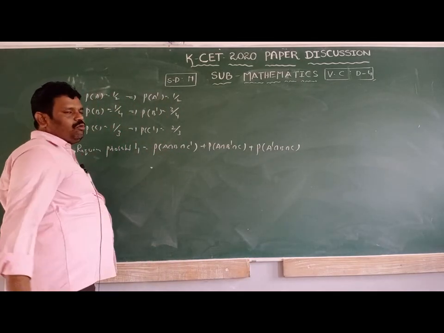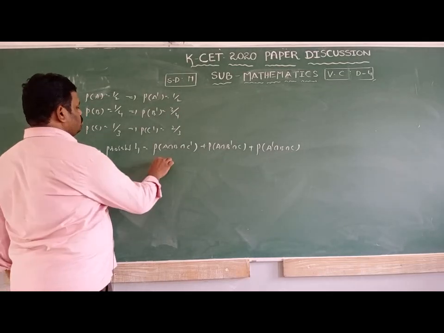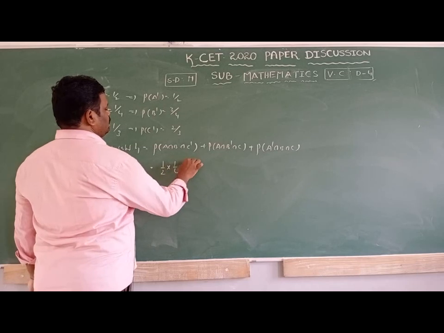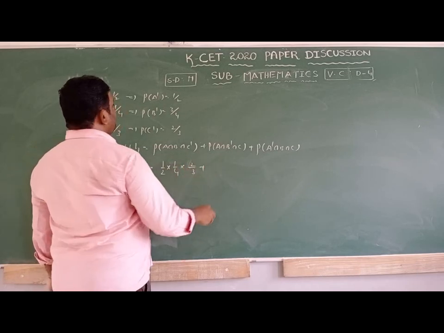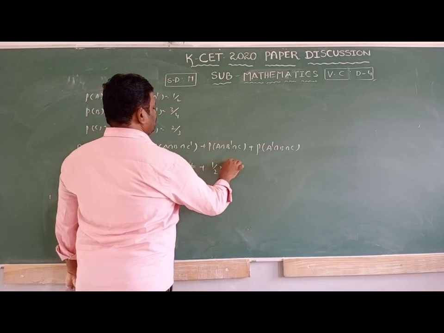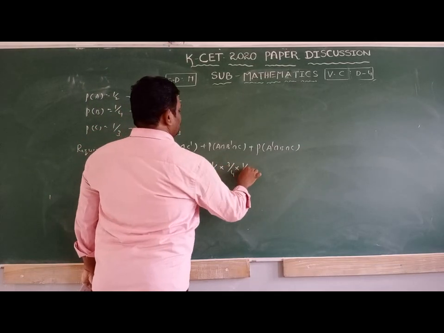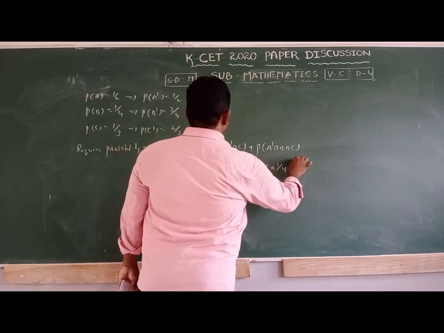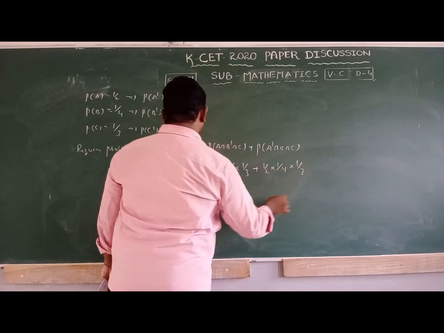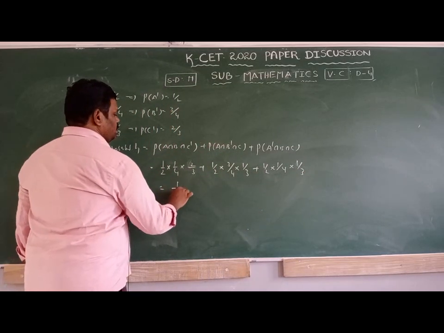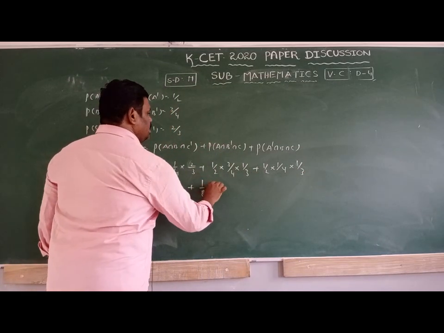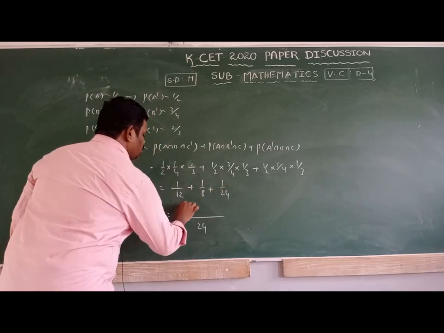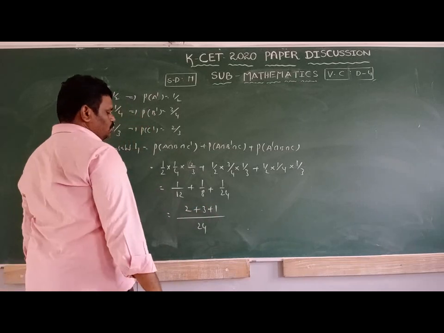So it is 1 by 2 into 1 by 4 into 2 by 3. Next, probability of A 1 by 2, B complement 3 by 4, C 1 by 3, plus probability of A complement 1 by 2, 1 by 4, 1 by 3. Now see, that value after cancellation is 1 by 12, 1 by 8, and 1 by 24. Overall, over 24, it is 2 plus 3 plus 1, so 6.